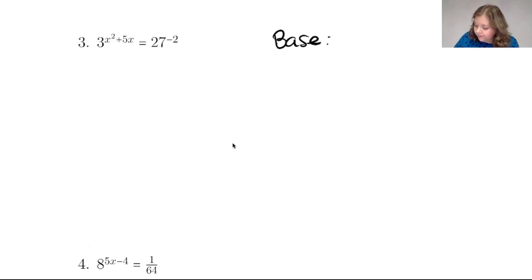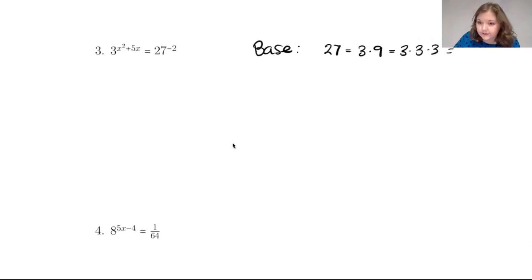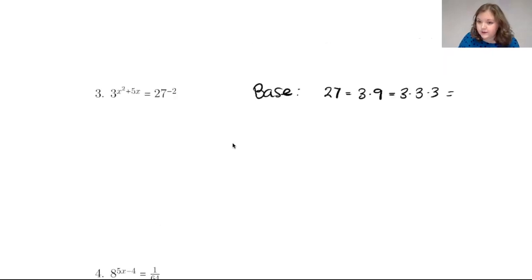So we have 27 is equal to 3 times 9, which is equal to 3 times 3 times 3. So 27 can be written as 3 to the third power. And 3 can obviously be written as just 3, which is 3 to the first power. So it makes sense if our base is 3. So our base is going to be 3.